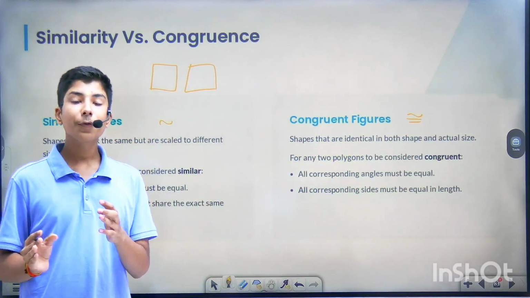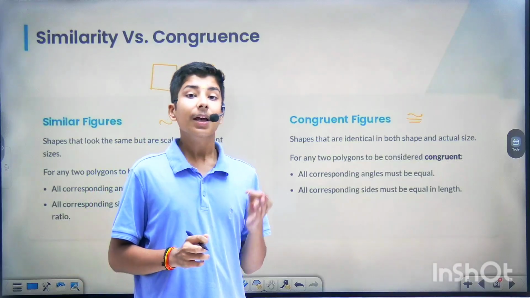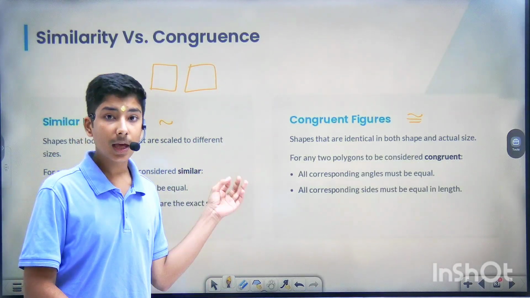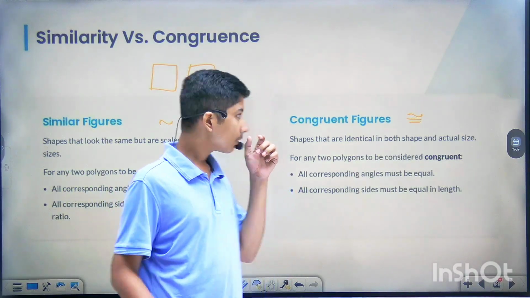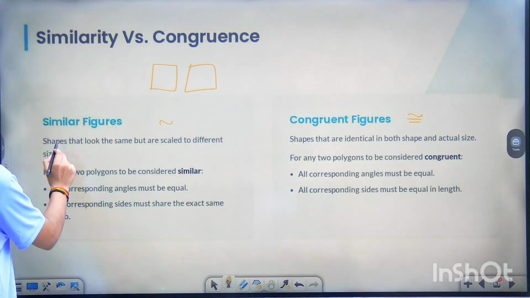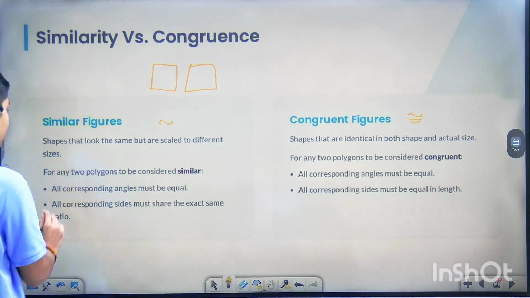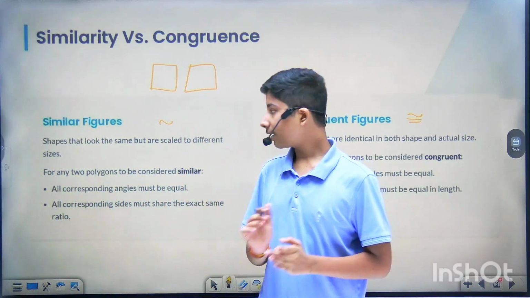If two figures are congruent, they are surely similar to each other. But if two figures are similar to each other, they are not necessarily congruent to each other. Okay? Now see, similar shapes look the same but are scaled to different sizes, means shape is the same but the size is different.